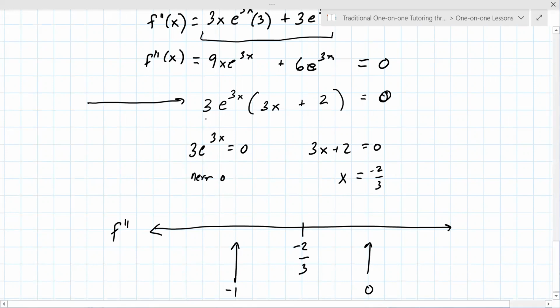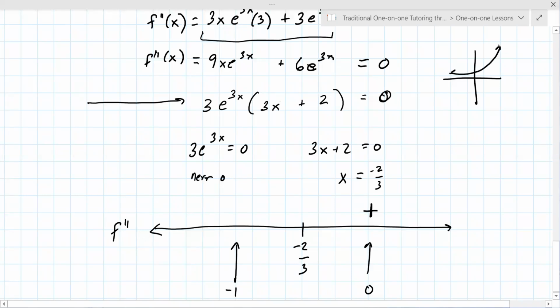The 3e to the 3x is always positive, no matter what number you put in. When you put 0 in, 3 times 0 is 0, plus 2 is 2, which is positive, and a positive times a positive gives a positive. If it was minus 3 out front, it would always be negative, but the e part is always positive, as e looks like this.